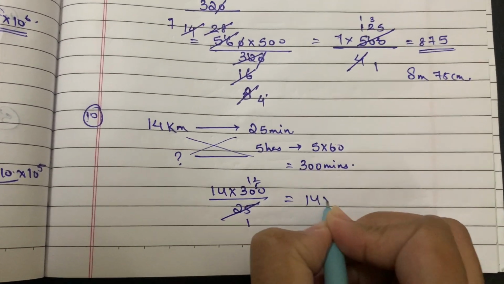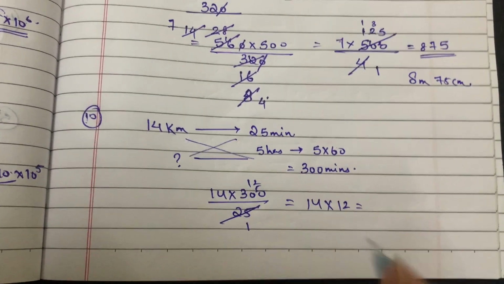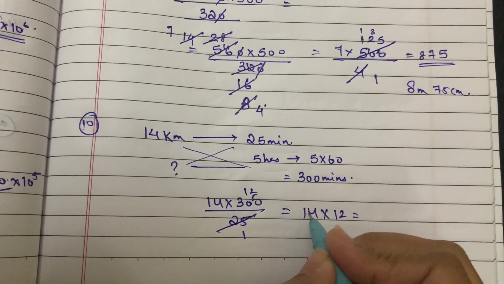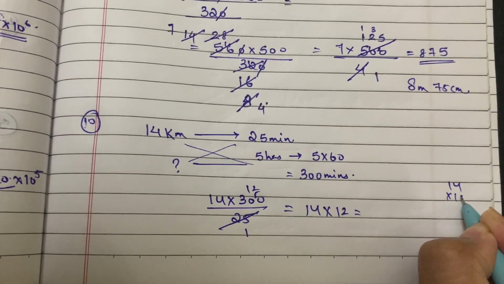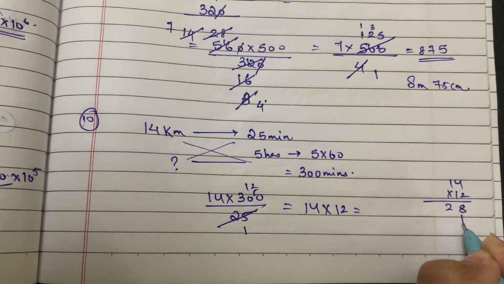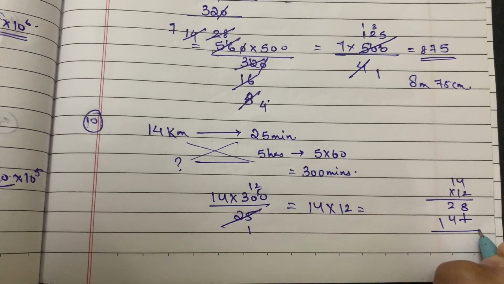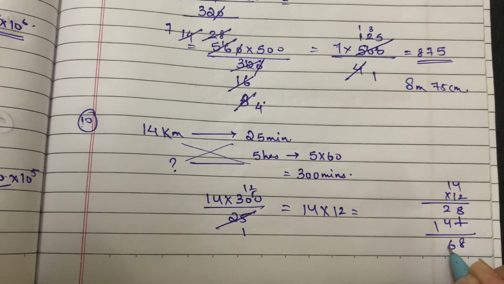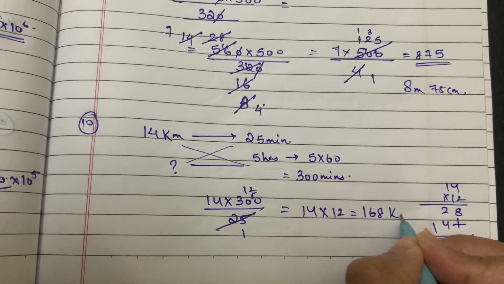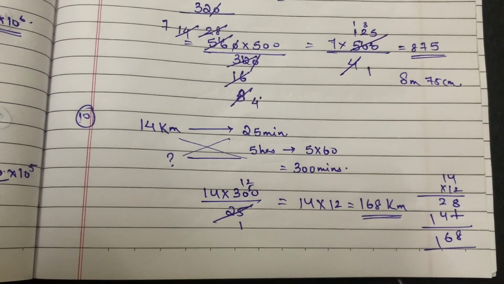So it is 14 times 12. I'm very weak at doing it. 4 2s are 8, 2 plus 4 and 1, so 168 kilometers it would go.